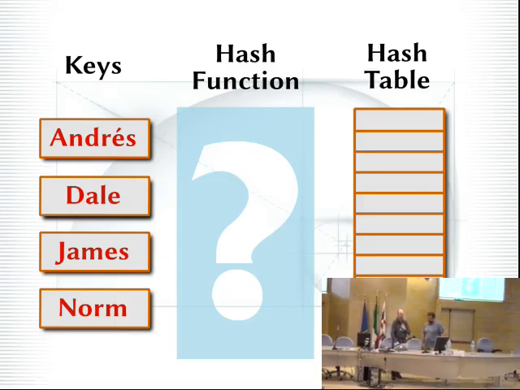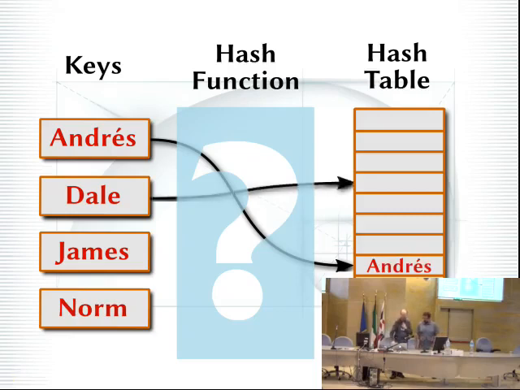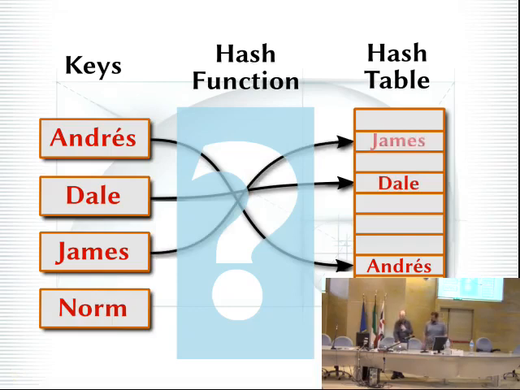We'll get into much later what that looks like. But Andres is going to hash to 8, and so we put his contact object there, and Dale will hash to 4, and we'll put his contact there, and we will hash James to 2, and we will hash Norm to 11, and there we go.